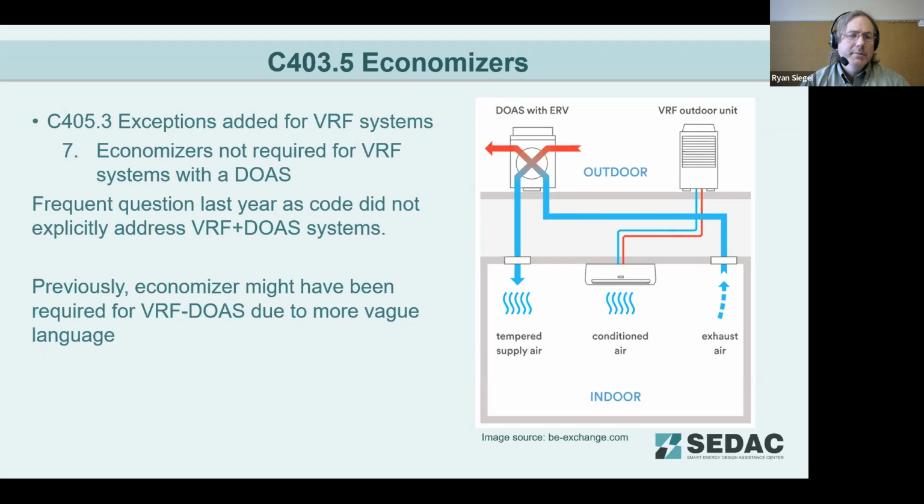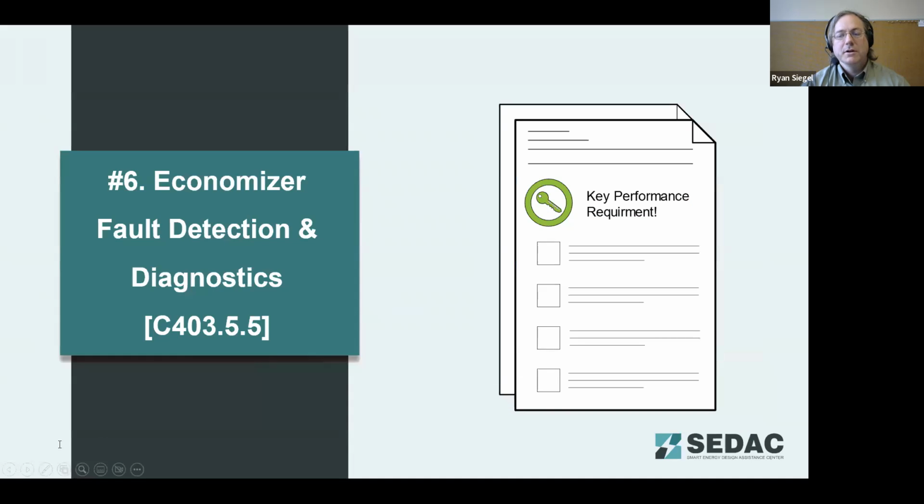So the 2021 IECC added an exception for VRF with a dedicated outdoor air system. Then we don't necessarily need to have that economizer in place.